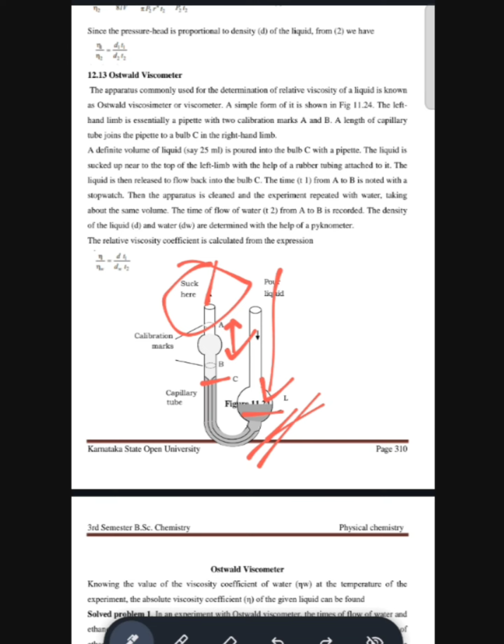Then the apparatus is cleaned and the experiment repeated with water. We repeat with water to keep it as a standard.